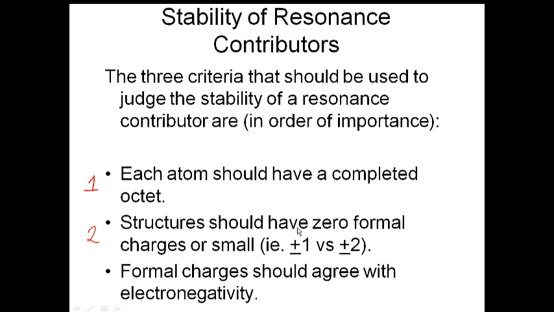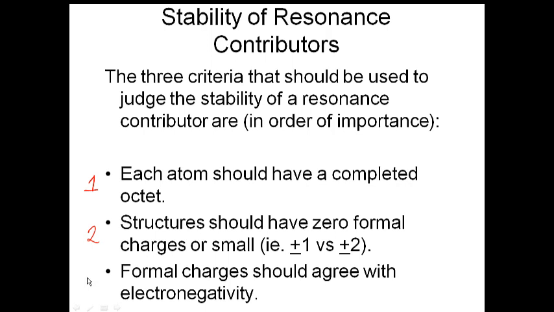It would be better to have a +1 -1 combination than a +2 -2 combination. So the idea is we have best case scenario, no formal charges, or we have small charges and a small number of small charges. Okay, and that can be a little tricky.